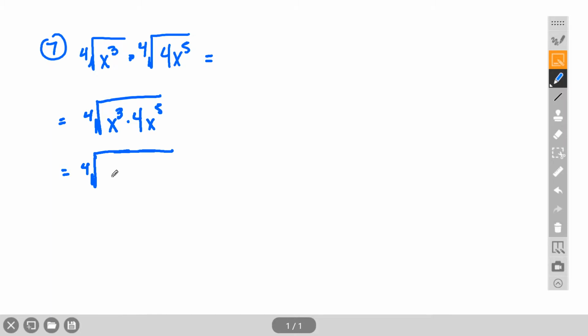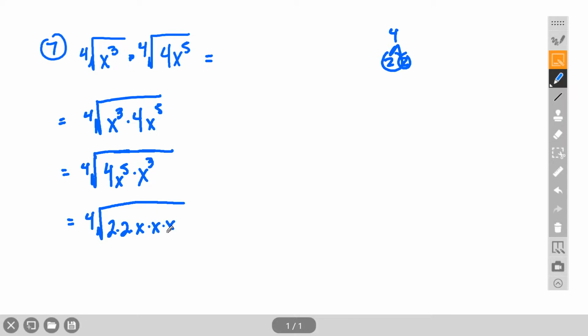I'll do 4x to the fifth times x cubed, because that way when I split them up, all the x's will be next to each other. So 4 breaks up into 2 times 2. That's 2 times 2, then 5 x's, and then 3 more x's. So in total I have 8 x's.